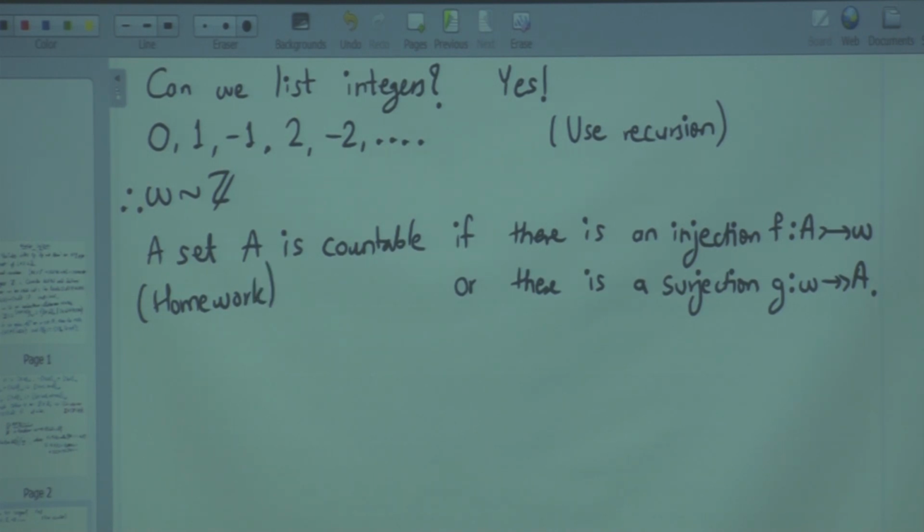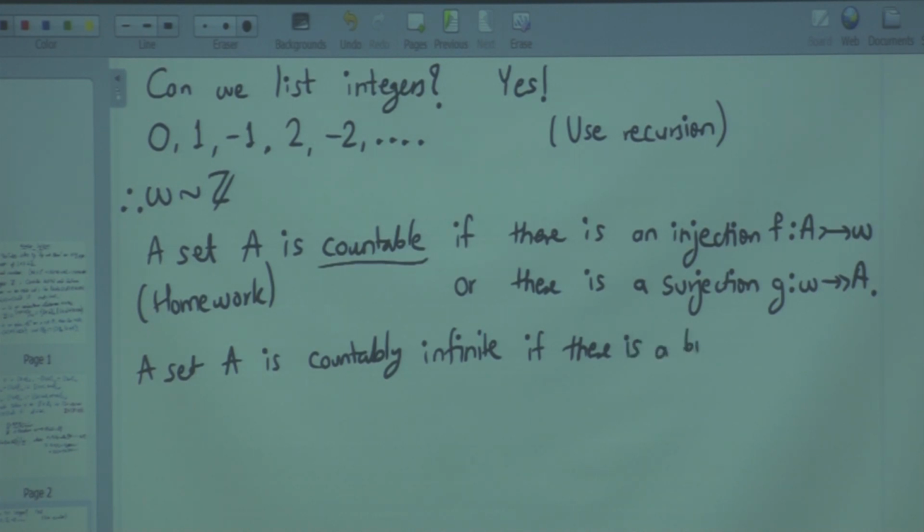These two are equivalent conditions, and the set is countably infinite if there exists a bijection H from A to omega.